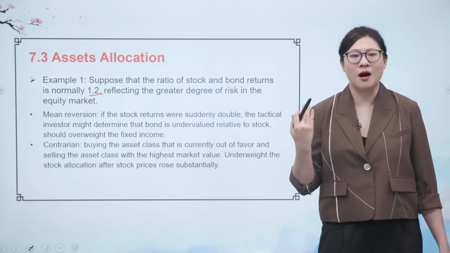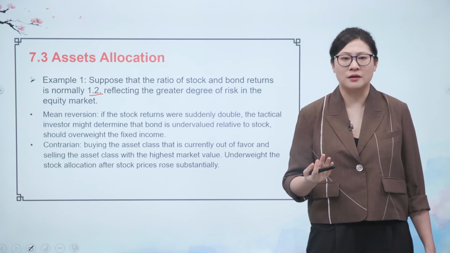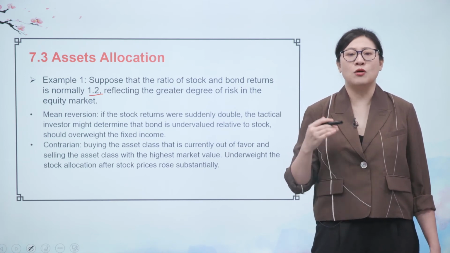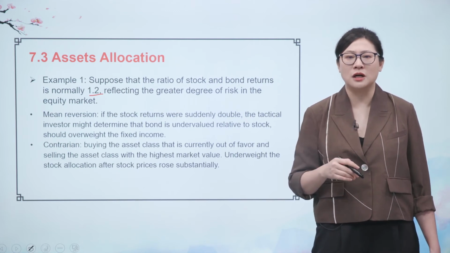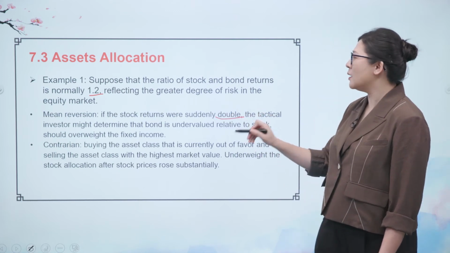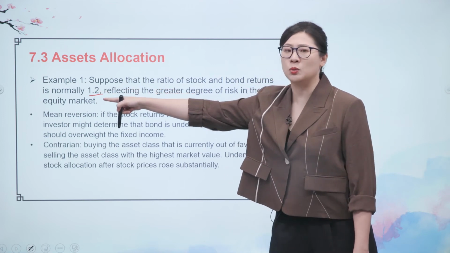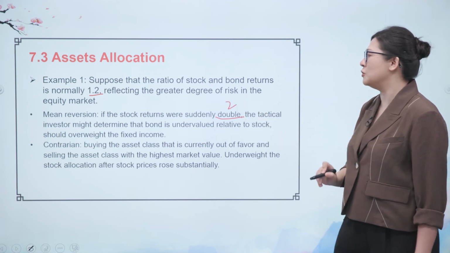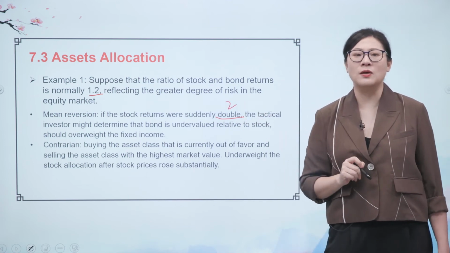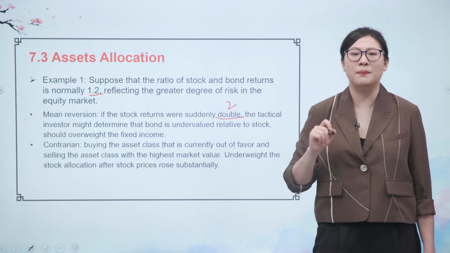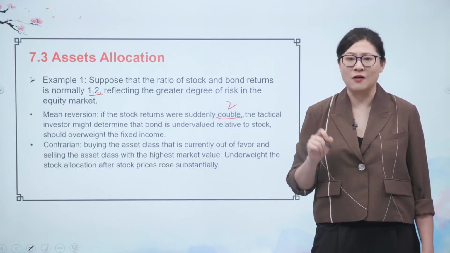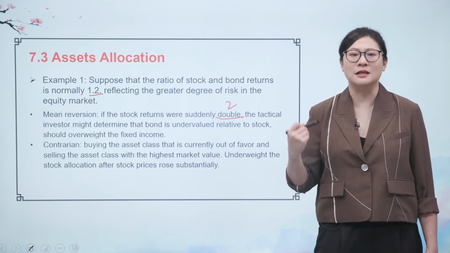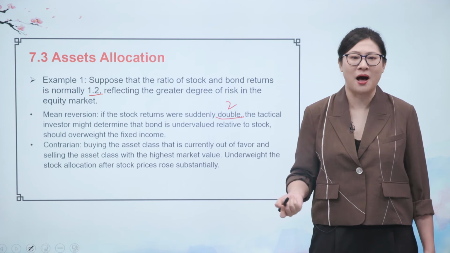And if you are a mean reversion investor and you assume the market is mean reverting, and you find that the stock return has suddenly doubled, so the original is 1.2, that's the average level, but now it is 2, doubled, the tactical investor might determine that the bond is undervalued relative to stock. So in this case, they will overweight the fixed income, overweight the bond.